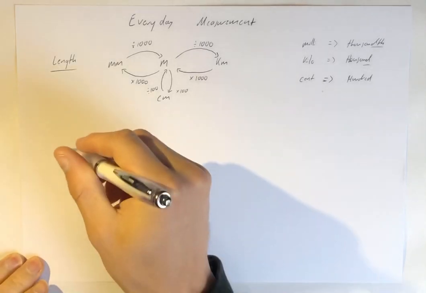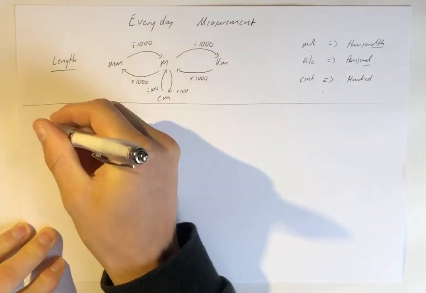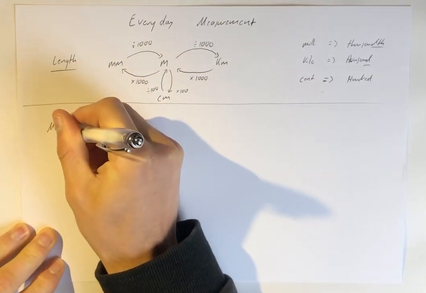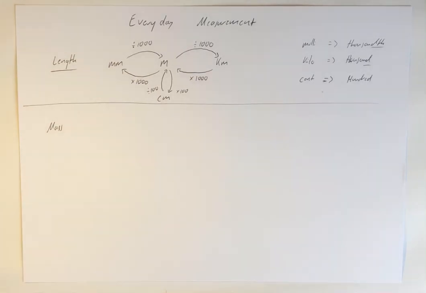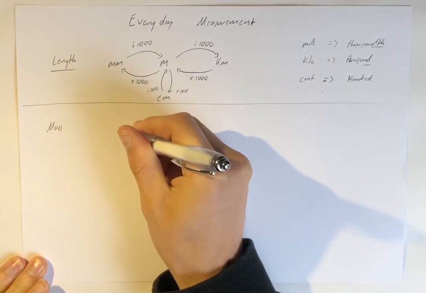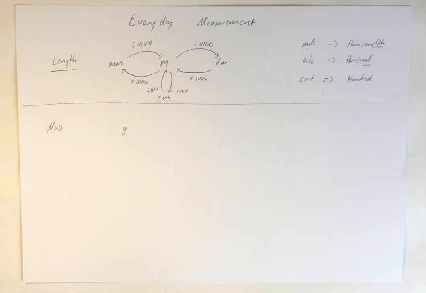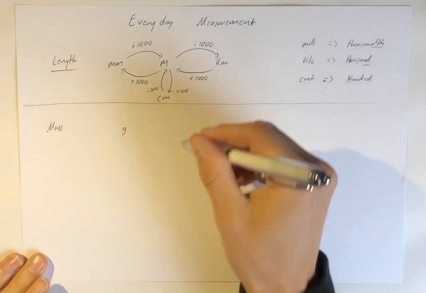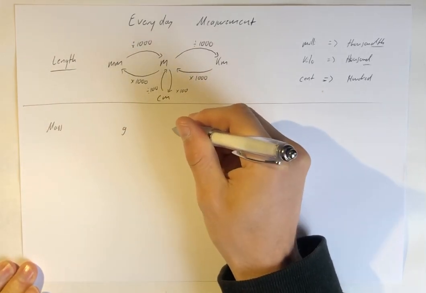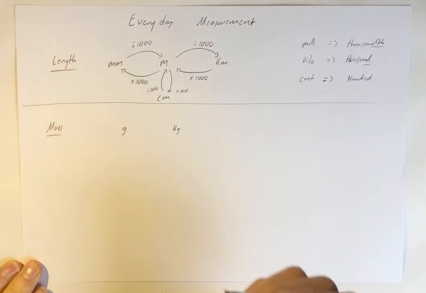Now the next everyday measurement would be mass. Mass is the next one. So the masses we have are grams. If you were doing any baking over this lockdown period, you'd probably be measuring them in grams. And the grams would probably come from kilograms of flour or something.